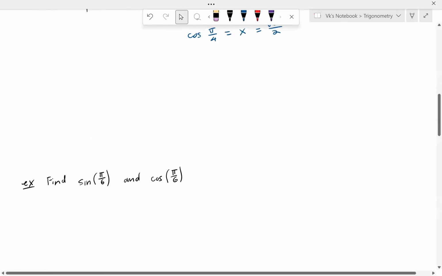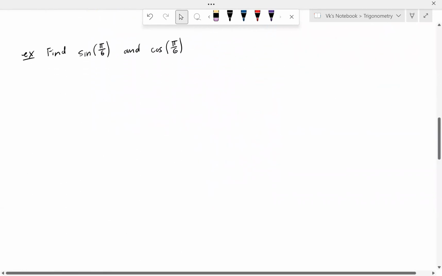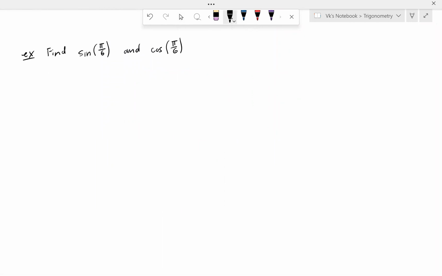Let's take a look at another example. In this example, we're going to figure out sine of pi over 6 and cosine of pi over 6. Pi over 6 is 30 degrees. This is the right triangle.